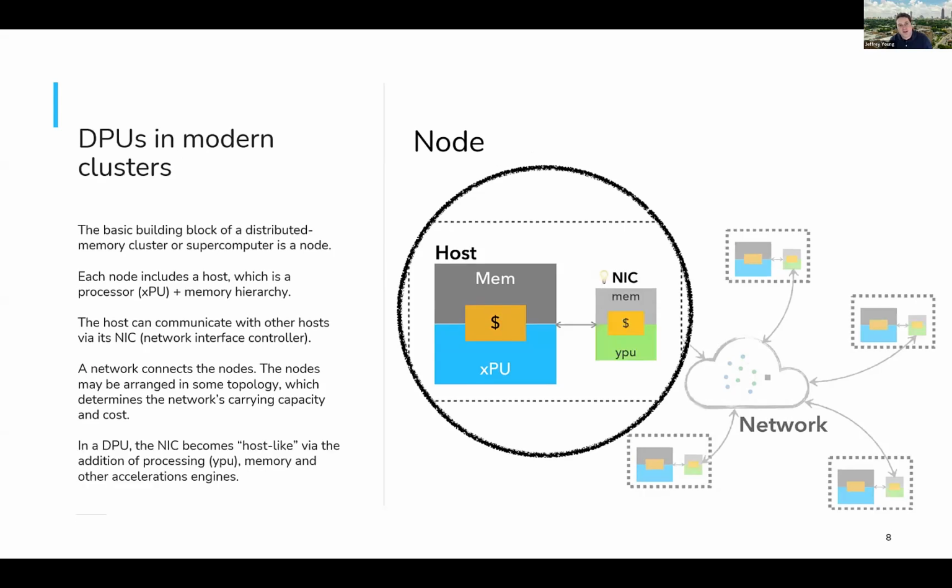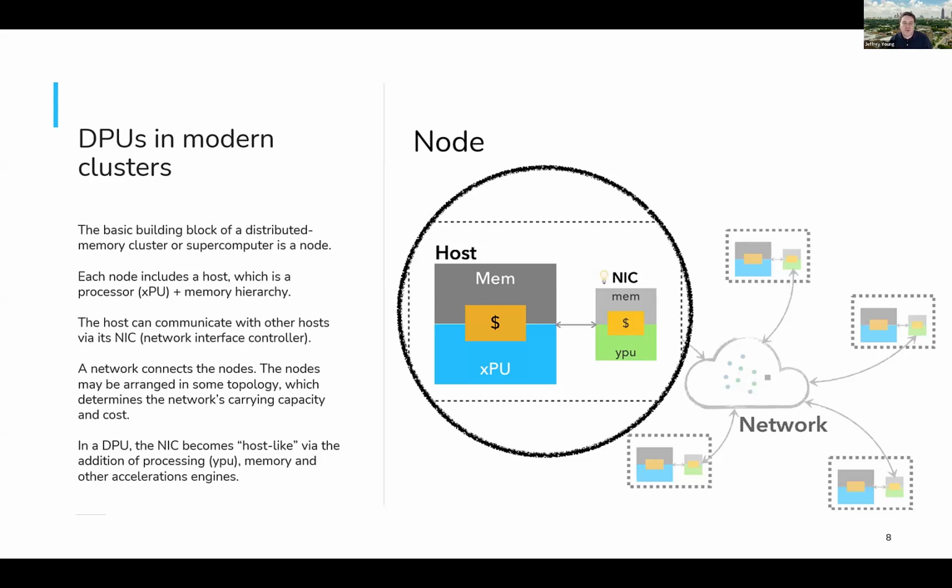When we think about a data processing unit, how that changes is that the NIC, instead of just being focused on moving data and communicating data between hosts and different nodes, actually takes on some additional functionality. So here we have this addition where the NIC has some kind of processing element. It could be something like a CPU.